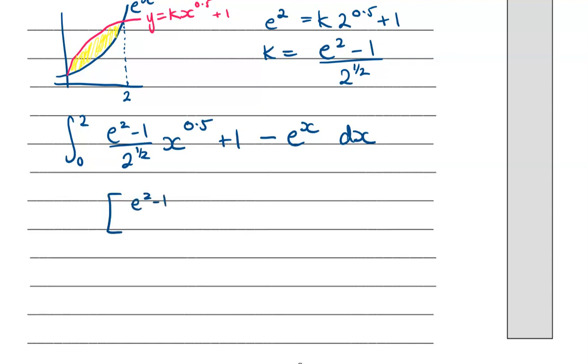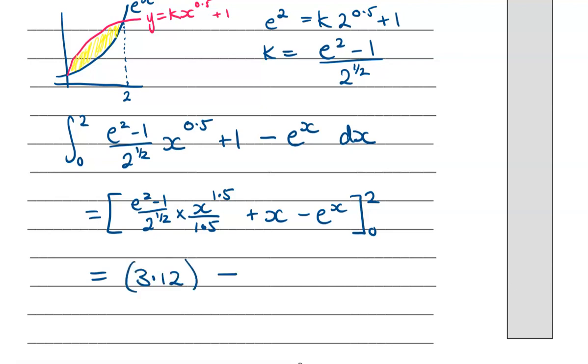This e squared minus 1 over 2 to the half, let's just leave that there as a constant. We'll do x, raise the power by 1 and divide by the new power. So just leave that like that. It's probably easier to work it out like that. 1 becomes x, and e to the x is just e to the x, and we will put in the values of 0 and 2.